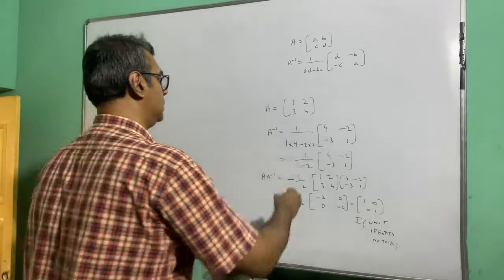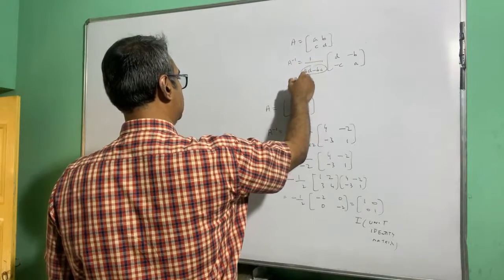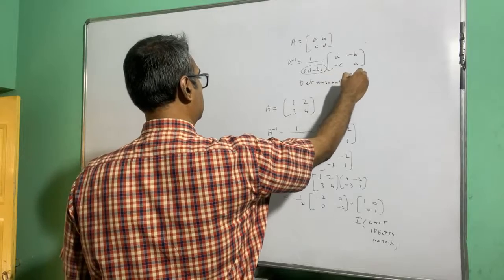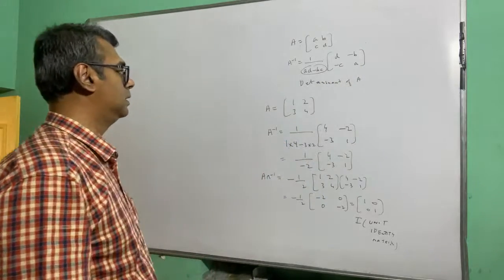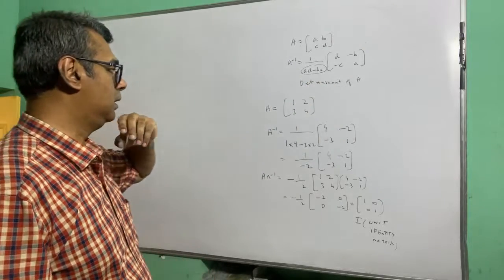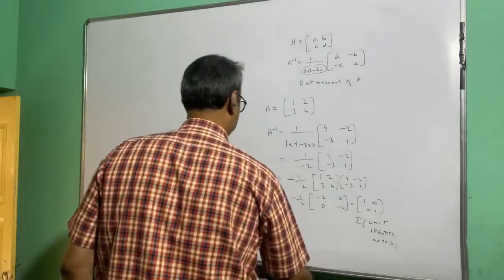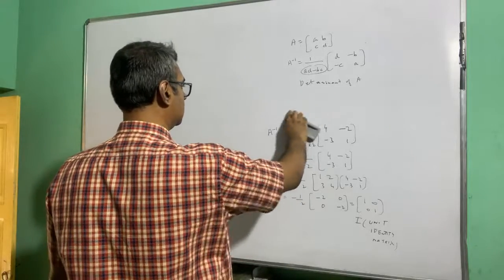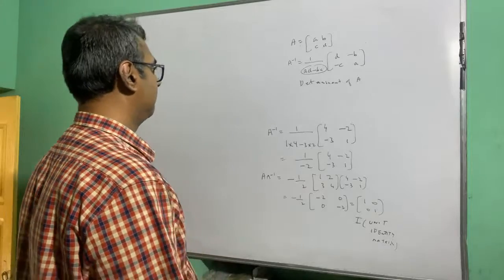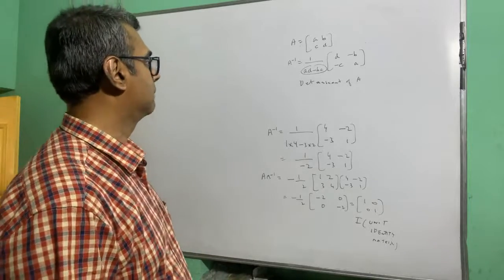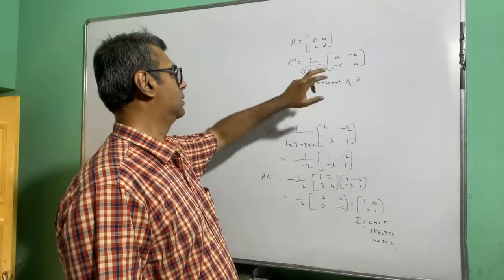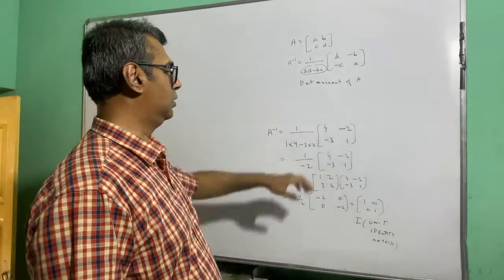Secondly, this number AD minus BC is called the determinant of A.